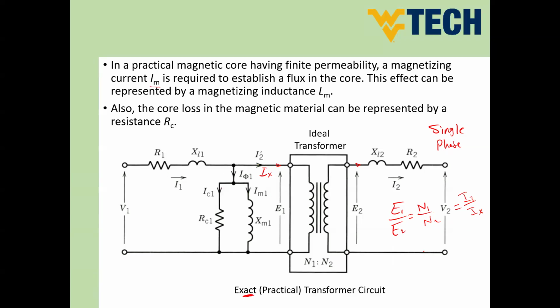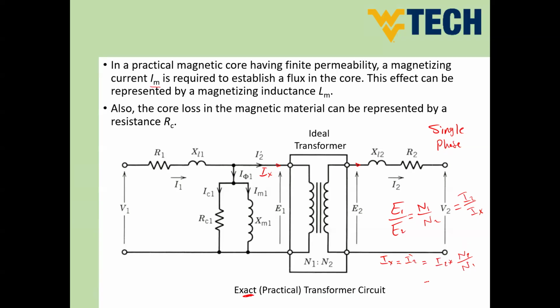So I can say from here, guys, Ix, which is I2 prime, equals I2 times N2 divide N1. And N2 divide N1 is 1 divide the turns ratio.